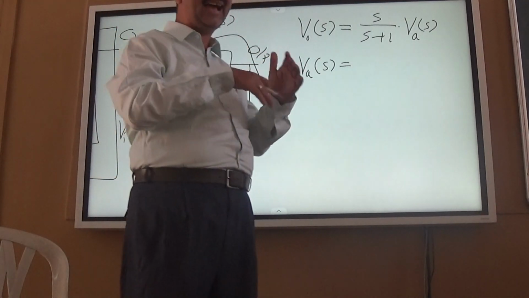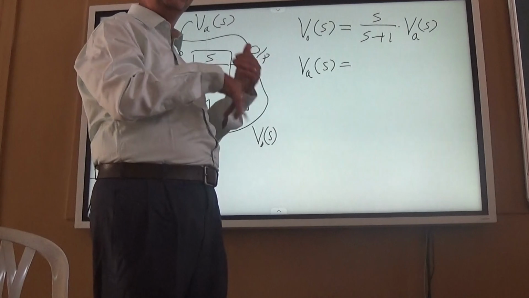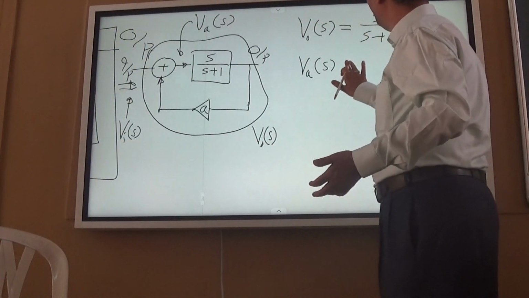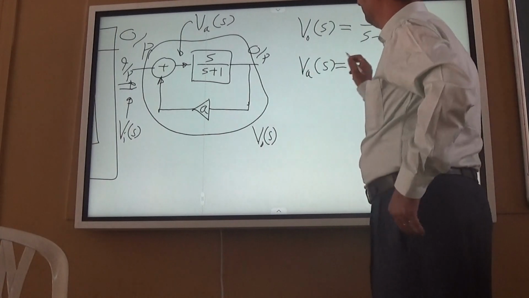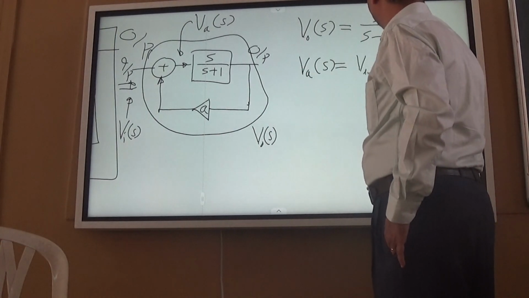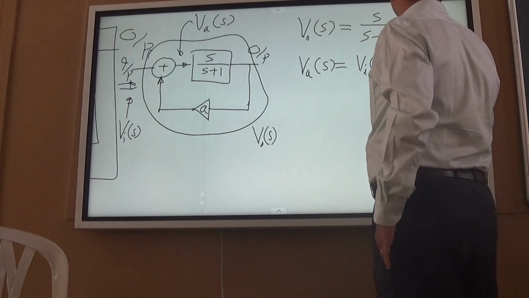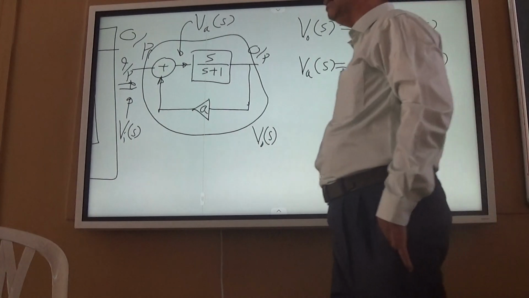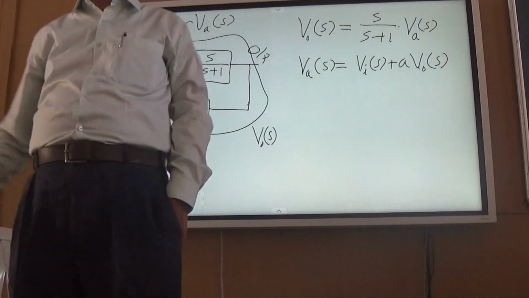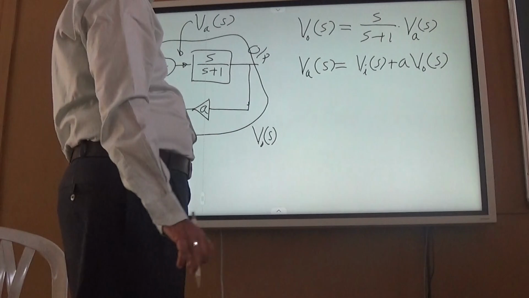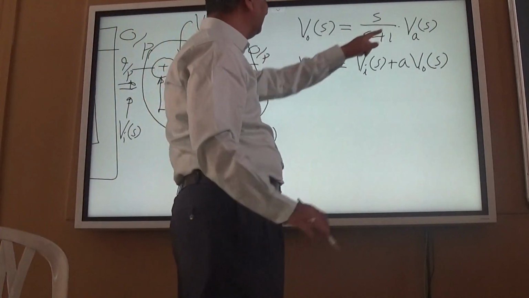And now, as it is so simple, everybody will start. So VoS is equal to S upon S plus 1 into V in S plus A into VoS. The Laplace transform is said to be commutative, distributive, associative, like that. So this you put there, so that's all.